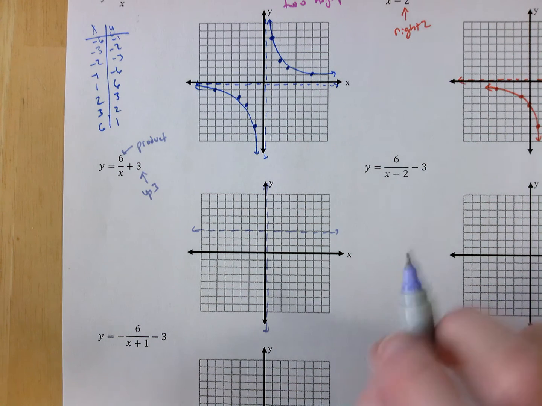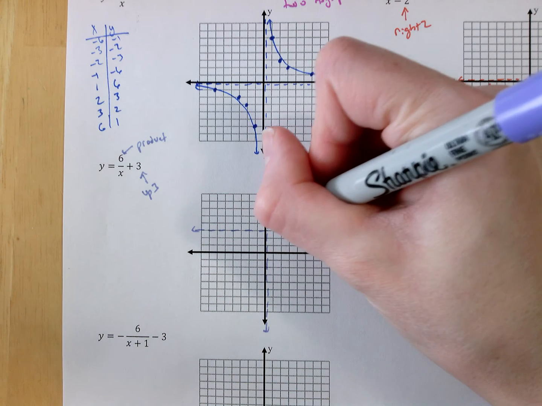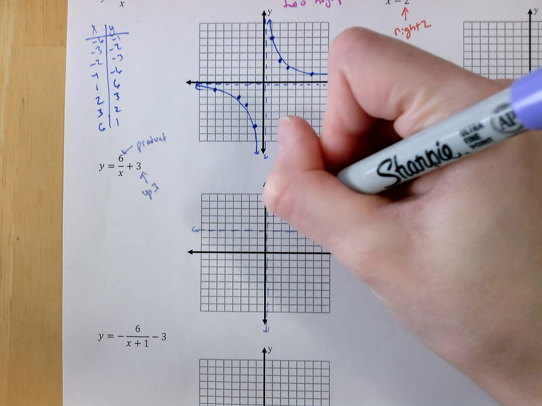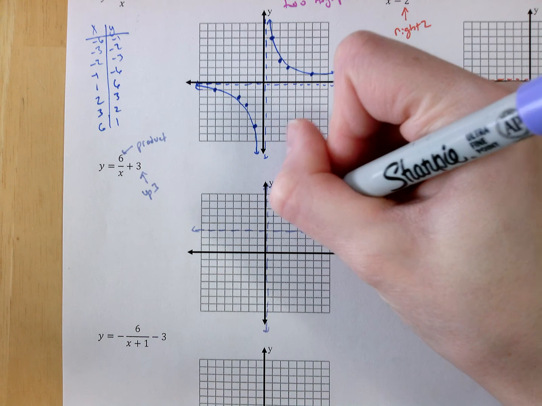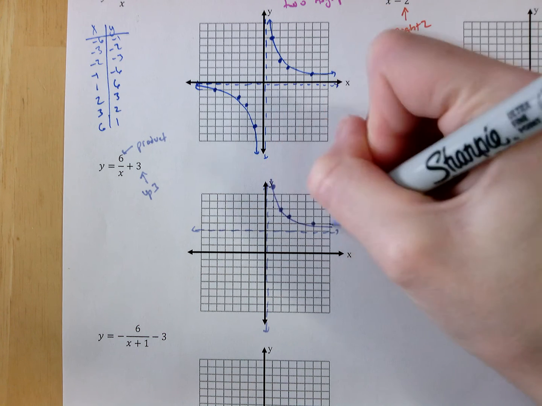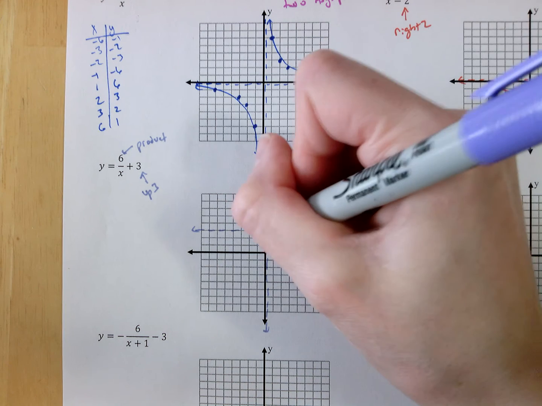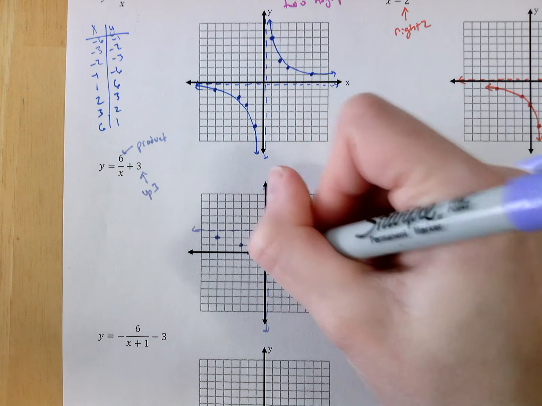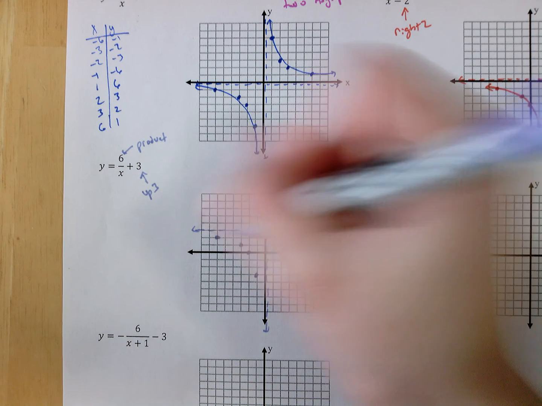And again, we want our product to be 6. So I'm looking for numbers that multiply to 6. So there's 1, 6, 2, 3, 3, 2, 6, 1. And same thing over here. So pairs of numbers that multiply to give you 6.